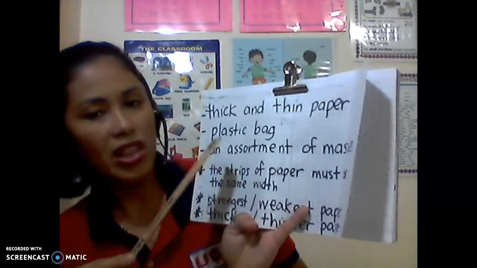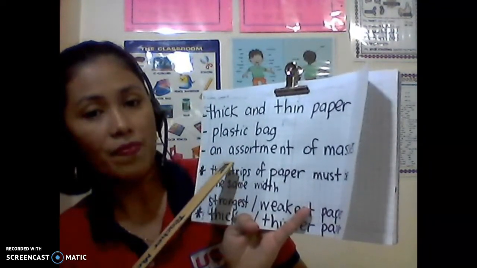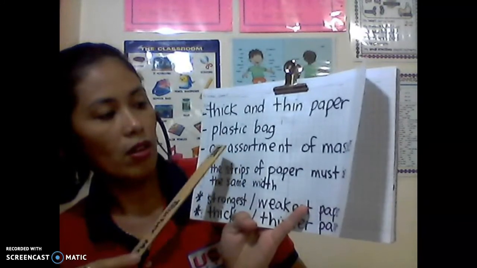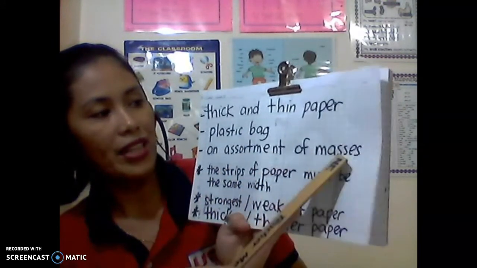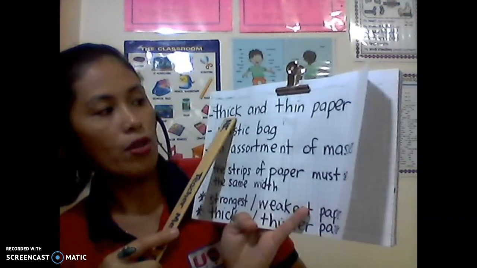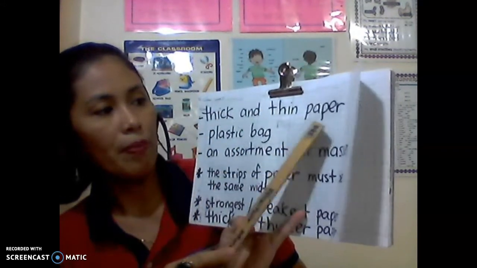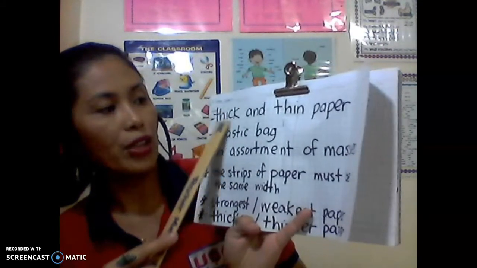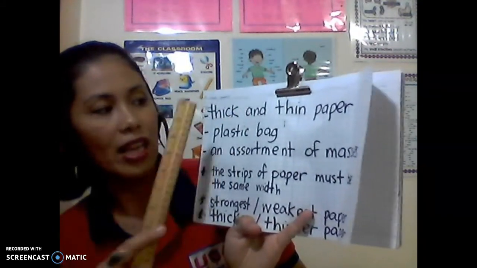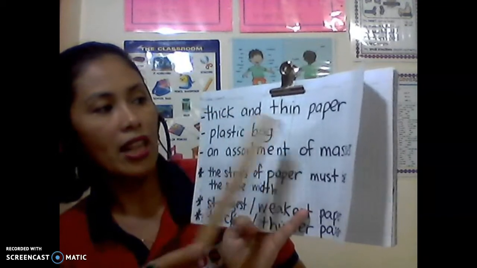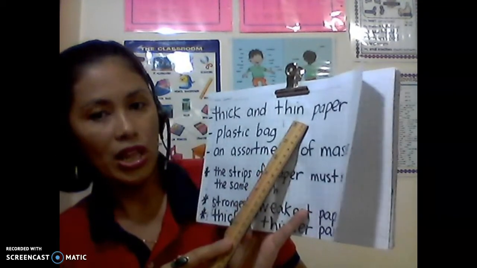In the experiment, the things that are the same are the plastic bag and the masses, and also the sizes of the paper. The only thing they change is that one paper is thick and the other paper is thin.